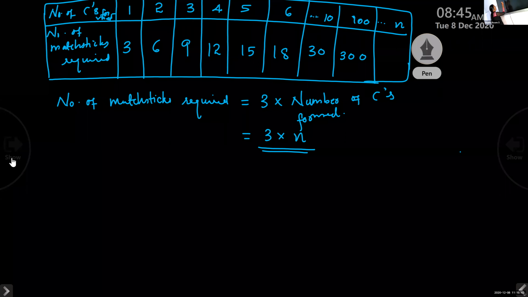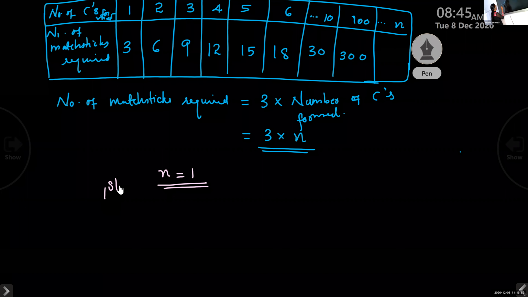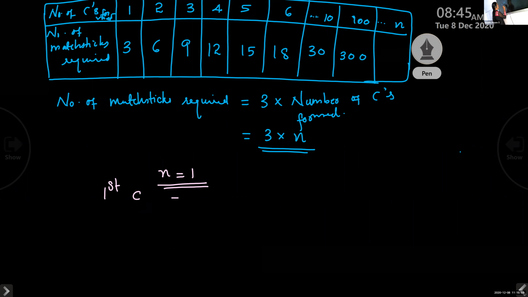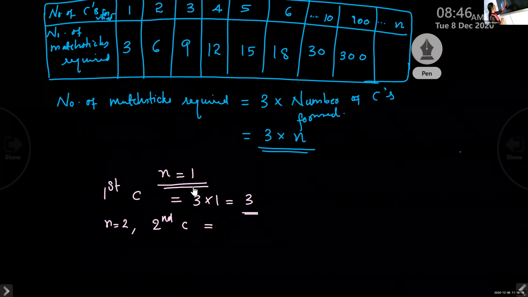Okay, children, number of matchsticks required. Suppose n equals 1, meaning the first C. How many matchsticks required? 3 into 1, that is 3. Correct. Then n equals 2 means which one? Second C.